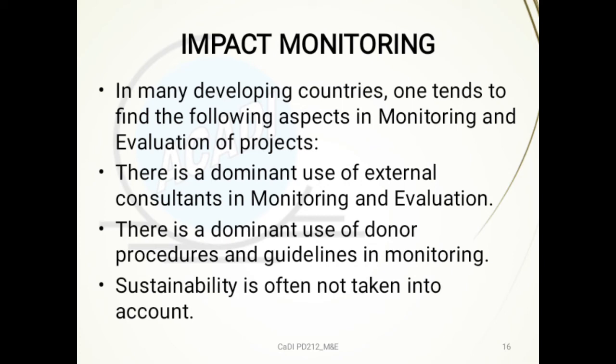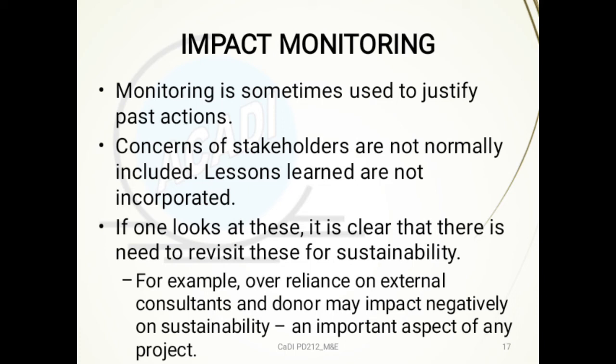In many developing countries, one tends to find the following aspects in monitoring and evaluation of projects. There is a dominant use of external consultants in monitoring and evaluation. There is a dominant use of donor procedures and guidelines in monitoring. Sustainability is often not taken into account.